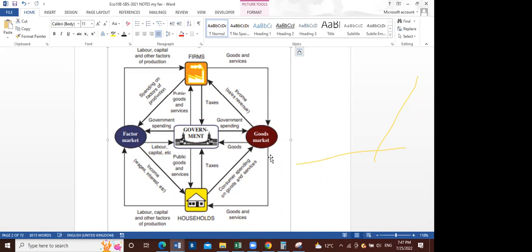So the government, the households, and the firms, excluding these markets, are the main participants within a closed economy. And when it becomes an open economy, we will be having the external sector, which basically is illustrated by the difference between exports and imports.